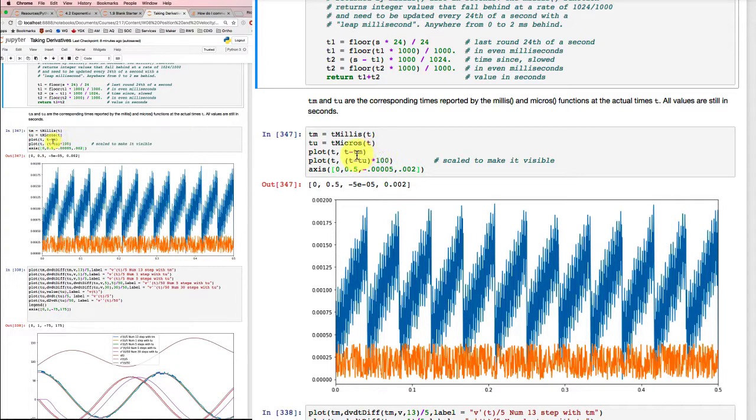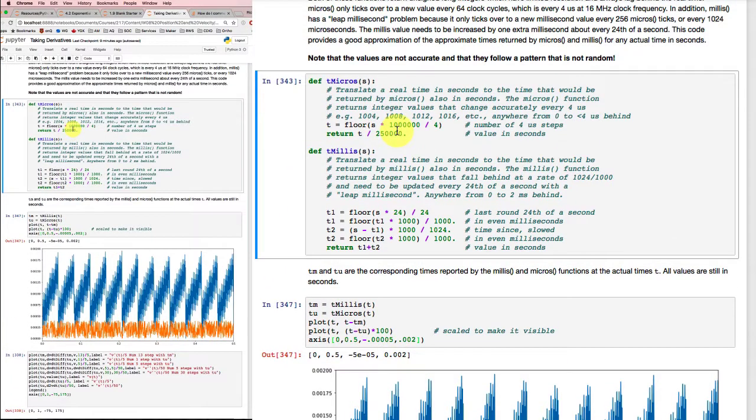And what I can do is see how much that differs from the actual time by taking the time minus the time returned by the millis function, or the time minus the time returned by the micros function. And the one for the micros function here, I've scaled it up just to make it visible. Scaled it up by 100 times. So let's see what happens here.